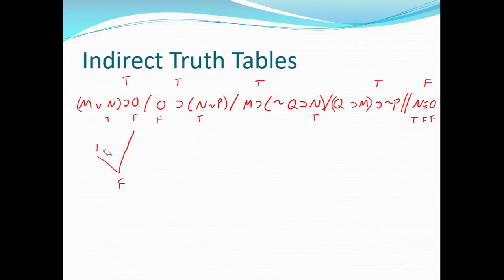If you make M false, because the wedge, if one side's true, the whole thing's true, that wedge is going to be true again, and then you have a true false for your horseshoe, that's going to be false again. So you cannot make this first premise true if your conclusion has a true on the left and a false on the right. So you hit a problem.